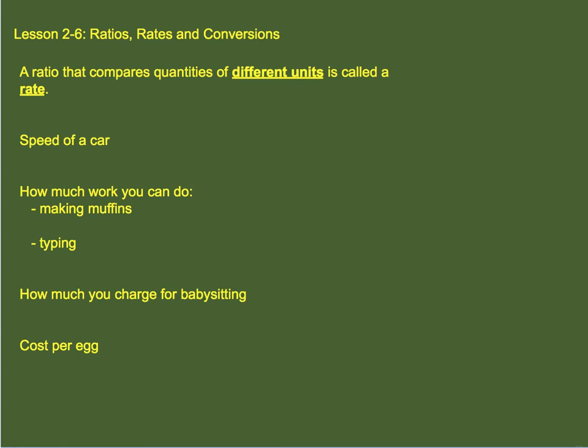A rate is a special type of ratio that compares quantities of different units. Here are some examples of that. When we talk about the speed of a car, we say that the speed of a car might be 60 miles per hour. This compares the number of miles to the number of hours, and miles and hours are different units.